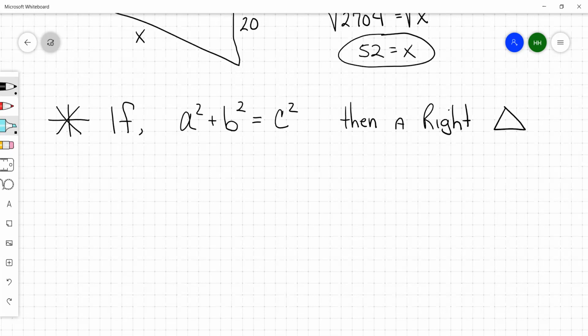If a squared plus b squared equals c squared, then it's a right triangle. When a and b are your shortest sides and c is your longest side, because the hypotenuse in a right triangle is always the longest side.